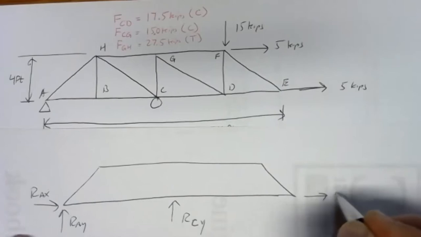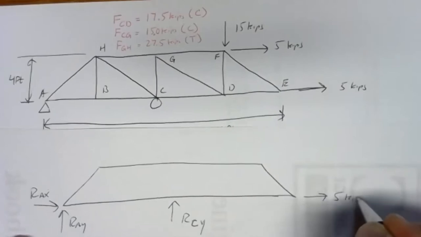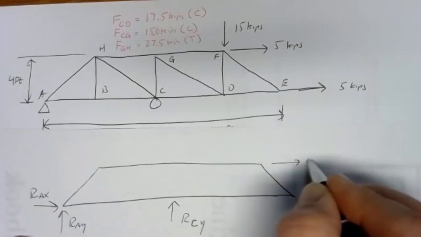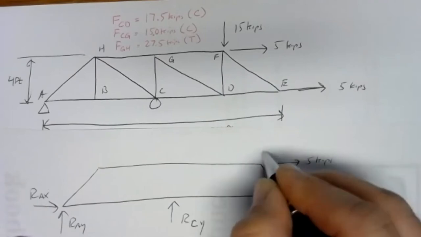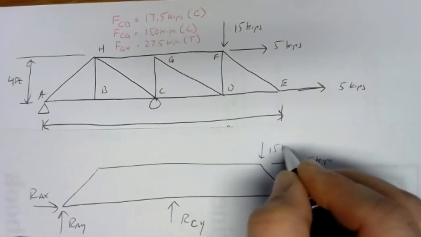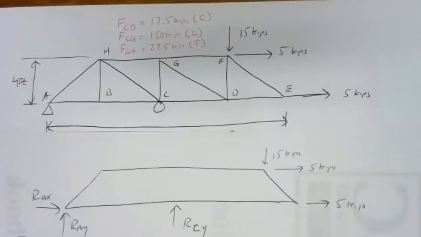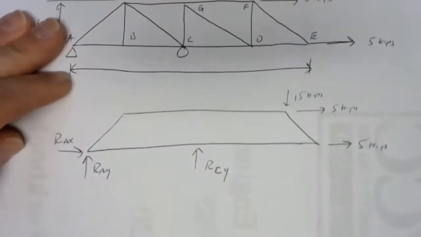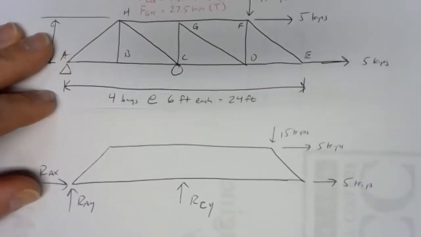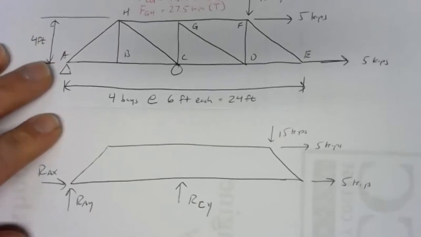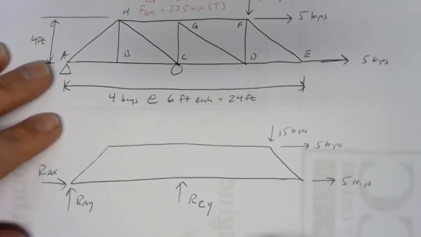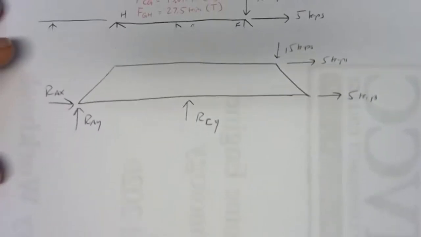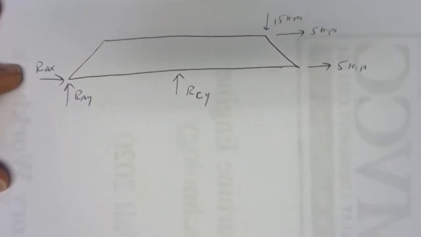And then we've got all this loading at the end. There's 5 kips here, 5 kips there, and 15 kips. And we'll get the geometry off of the full scale drawing. So we can do our sum of forces in the x direction. Until we need the geometry, we'll push that off.